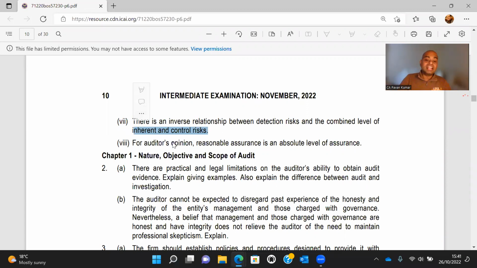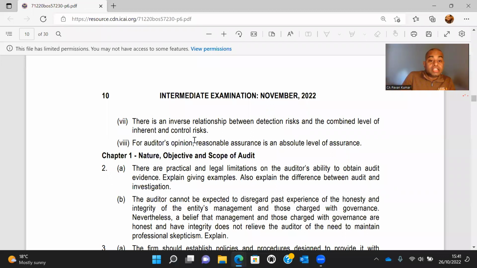Correct. Very good. So 7th one, inverse relationship. It is called risk of material misstatement, RMM.